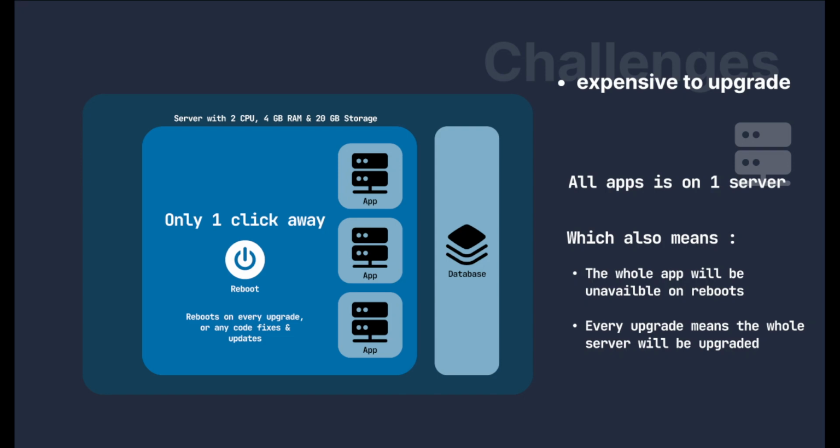This also means while the server reboots, the whole app will not be available for your users to use. Not to mention that every upgrade means the whole server will be upgraded, which is going to cost a lot of money, especially if you've already scaled your monolithic servers.